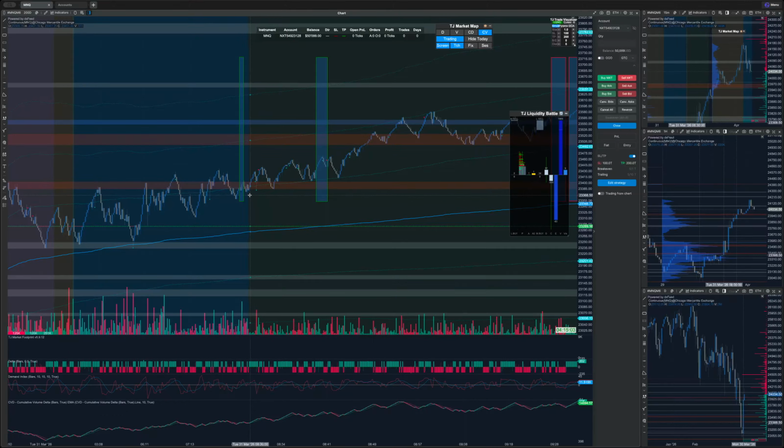However, I wanted to close that before the American Open. Imagine I would have followed through with that one. Honestly, I should have waited until it goes back into the area and gets rejected from here. Like here, that would be an entry, or here.